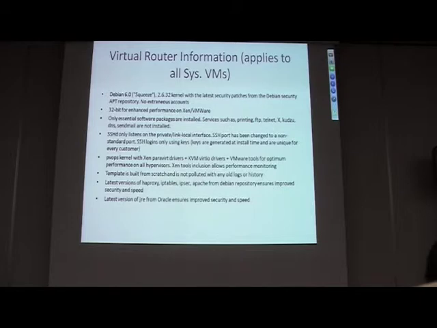So let's take a look at the virtual router OS. It is created from Debian 6, the 2.6.32 kernel, and we've applied security patches as we find necessary. It's 32-bit for enhanced performance, mainly because 32-bit has less memory requirement than 64-bit when doing connection tracking and things like that.